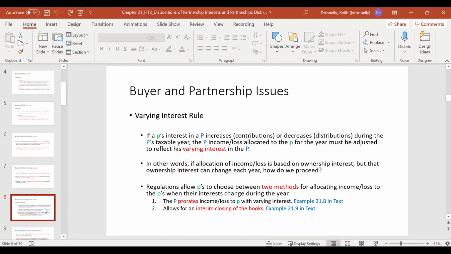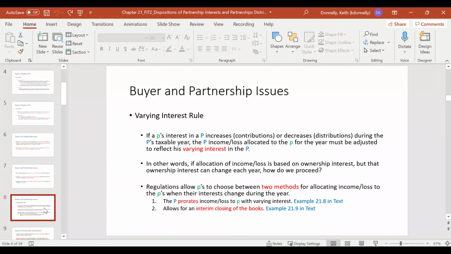So basically, we've just dealt with stagnant ownership. You own 1/3, the partnership made $100. You do profit sharing ratios based on ownership interests. You have 1/3 of the profit associated to you. That's a very simple thing, right?